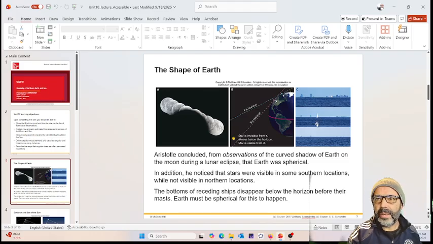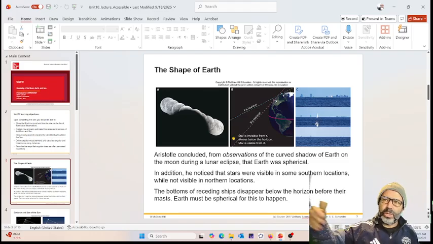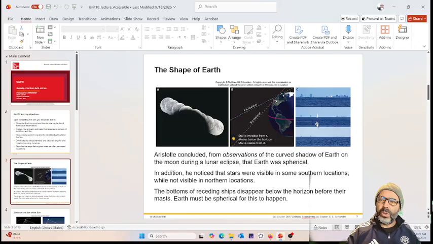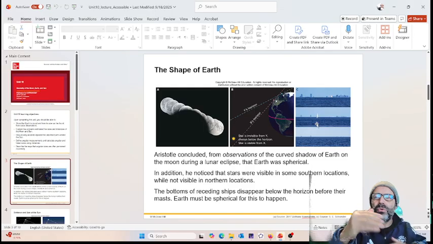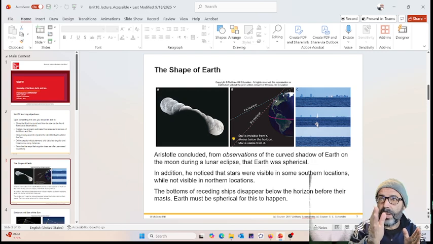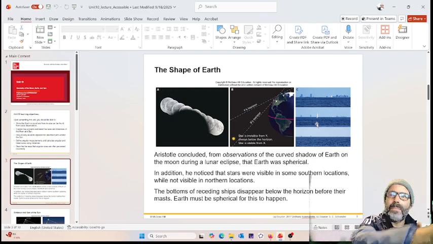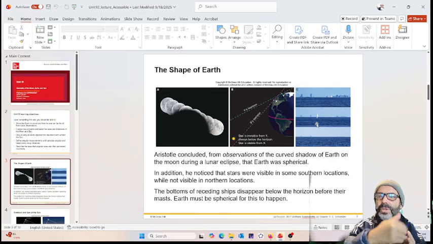The other thing you can see is that with ships, when they move further and further out in the sea and you're watching them from the shore, it's the bottom that starts to disappear, and then they disappear along that line. If you were to move closer to another shoreline and observe the same ship, of course, it's going to disappear at some later point, further than the first one when you were at the farther away location. So again, that indicates that we're looking at a curved surface.